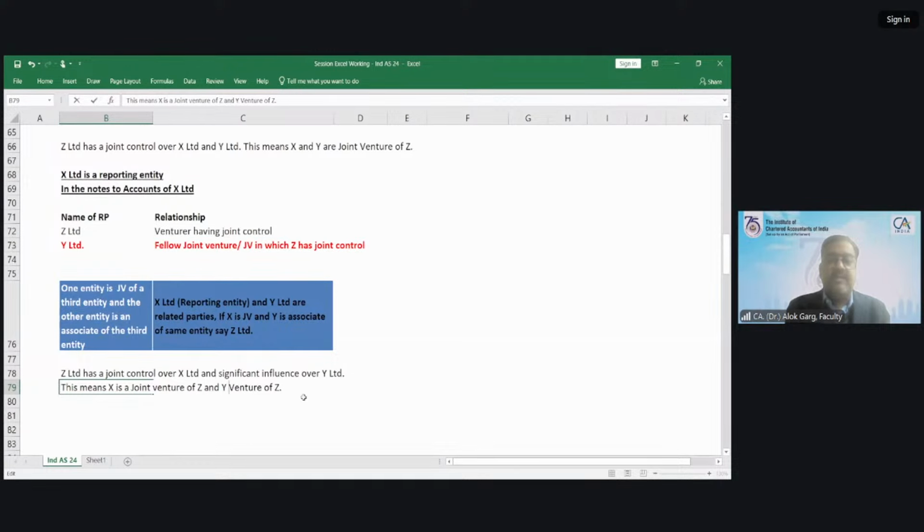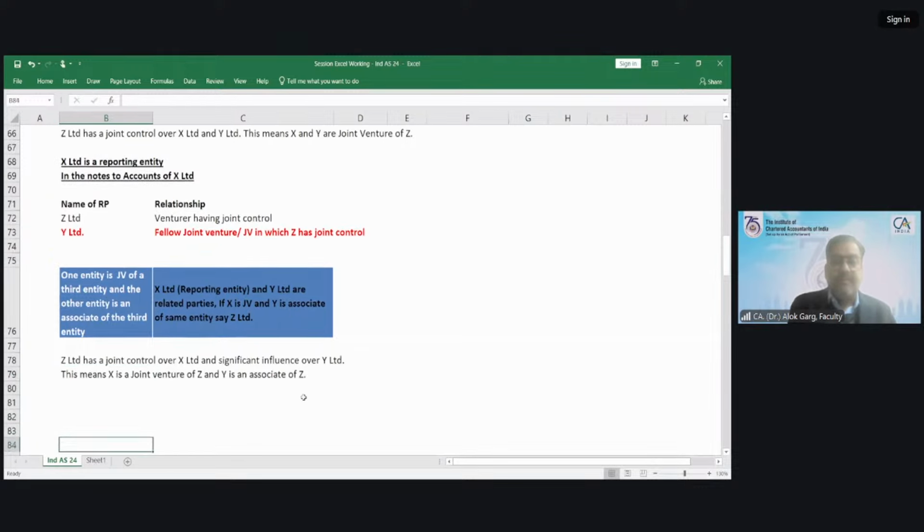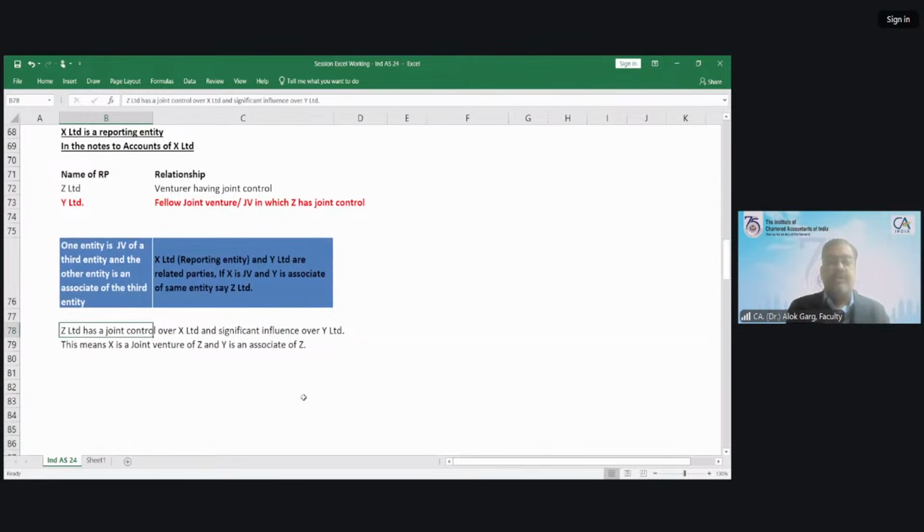and Y is an associate of Z, right? Right, Samanathan? Yes, sir. So Z has joint control over X and significant influence over Y, right?